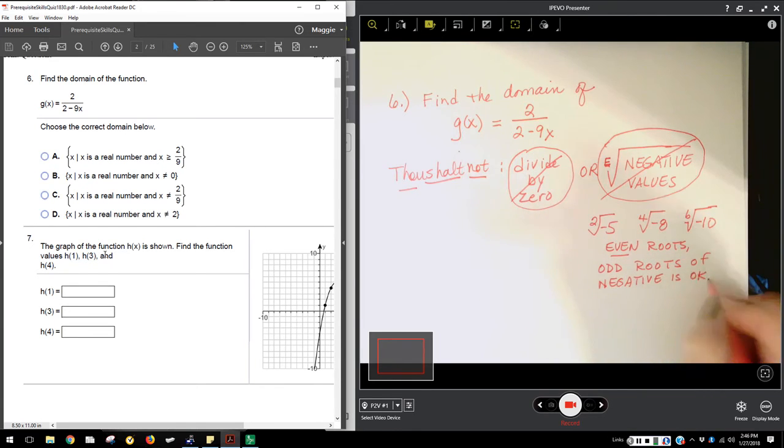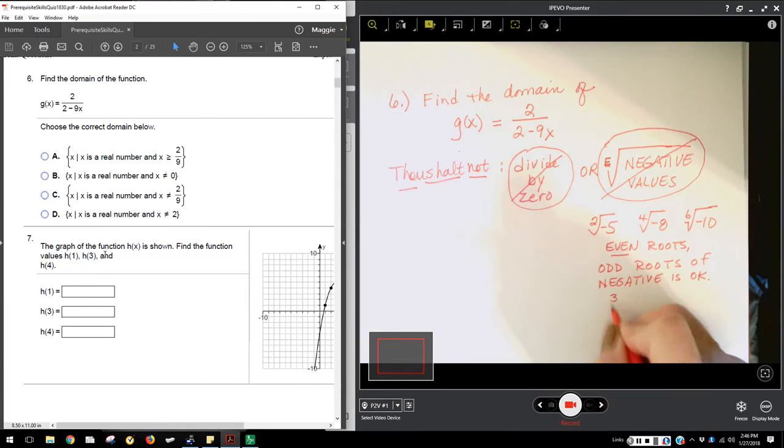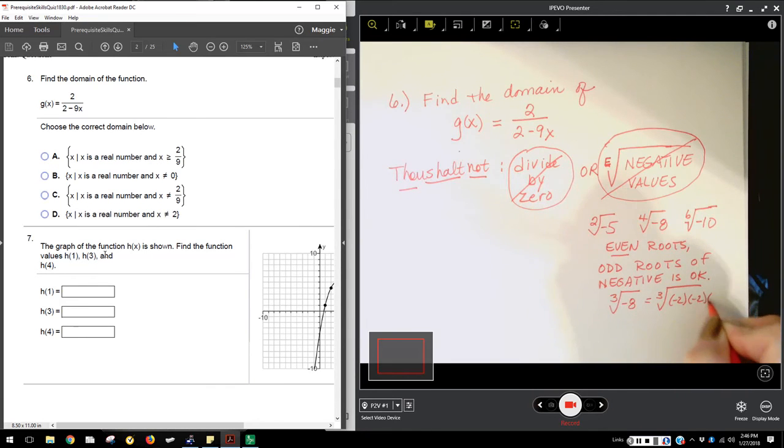The odd roots of negatives is okay. Like, for example, the cube root of negative 8 is negative 2. Because if you have an odd number of negative signs, the answer comes out to be negative.